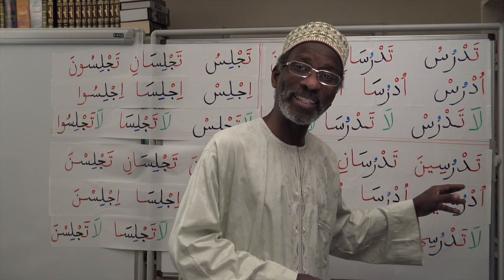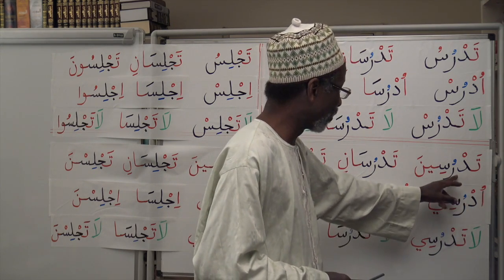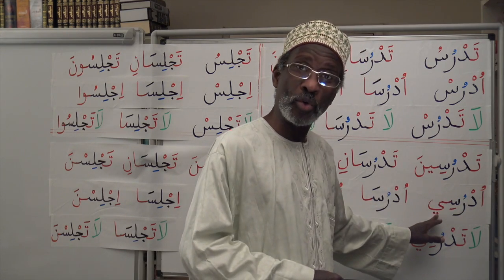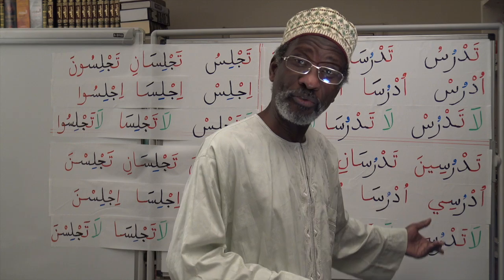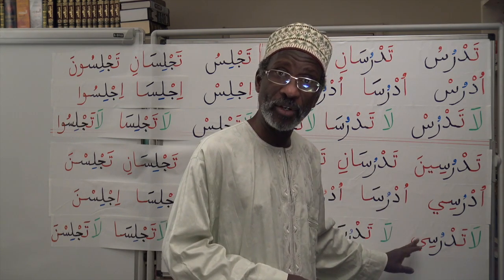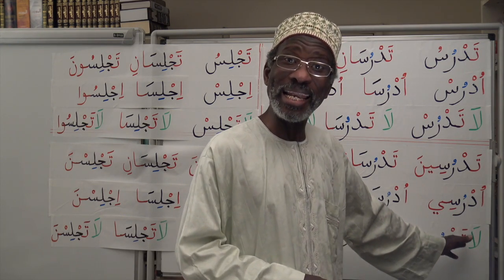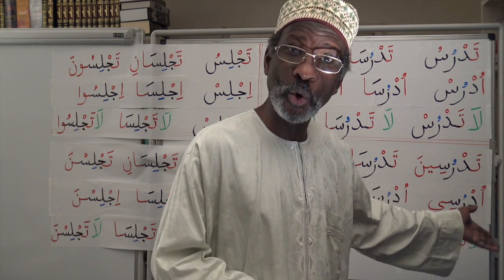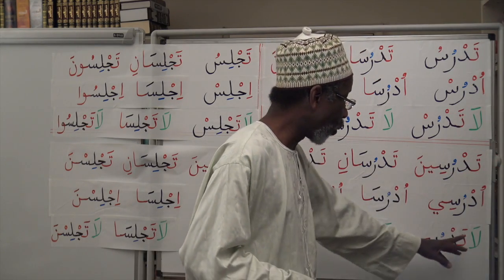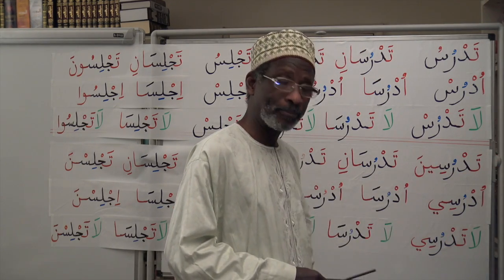Now, let's look at the present tense in the feminine singular, second person, tadrusina, you are studying, and imperative, udrusi, we remove the noun. The same thing happens in the negative imperative. We remove the noun. And of course, we have our la nahiya, which is your la of prohibition. Don't do something. So, la tadrusi.